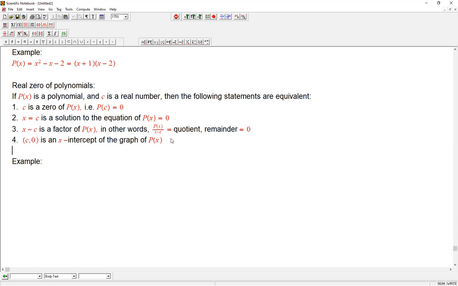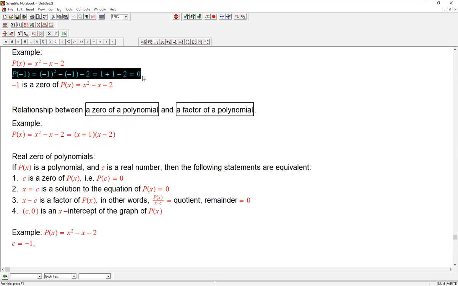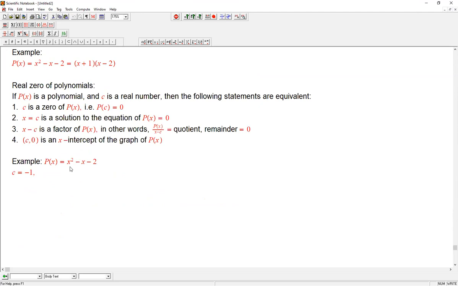Here we're not going to do the proof, and you can be assured that the proof is rigorously done. So we have this function. The first thing we did was, if we choose C equals -1, we have P of -1 equals 0. The first one.